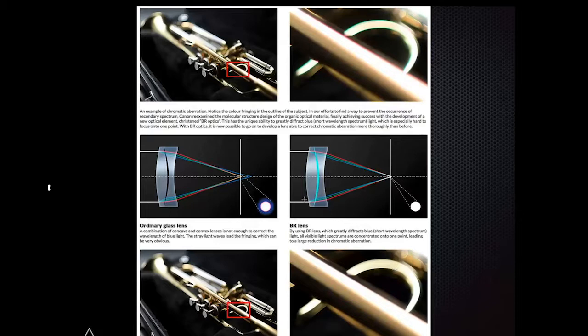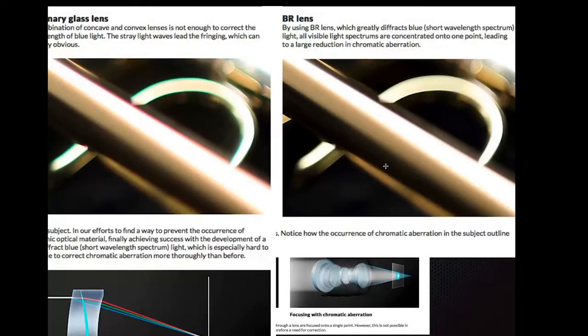You can see the diagrams there. There's ordinary glass, and you can see the chromatic aberration happening there. Then they introduced this new material, and they claim that it reduces chromatic aberration, giving a nice clean dot there. Then they show a couple of examples. You can see the photo on the left has a little bit of that color fringing right in here, as opposed to this area here, which is nice and clean.